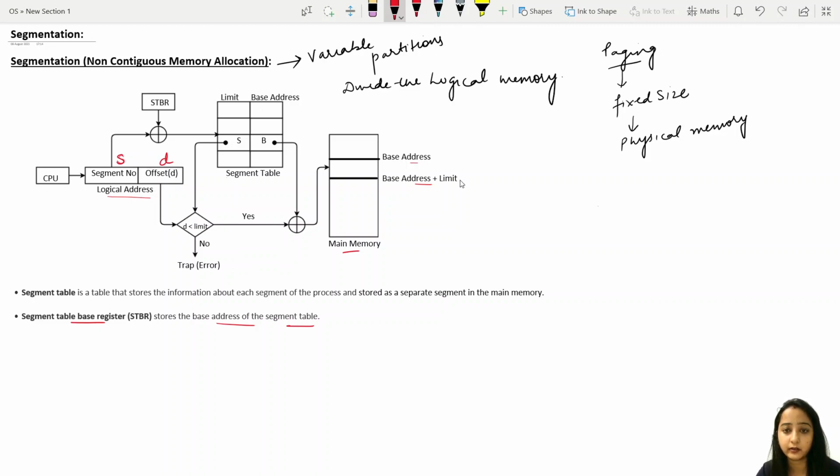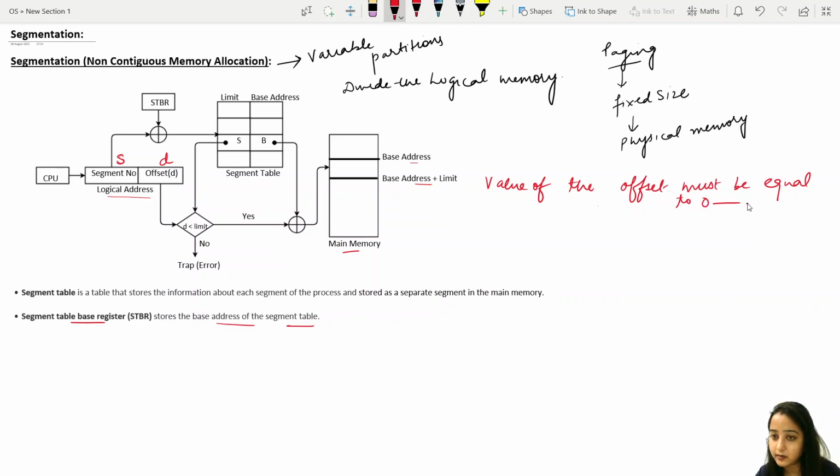The value of the offset must be equal to 0, or it can take any value from 0 to whatever the segment limit is.